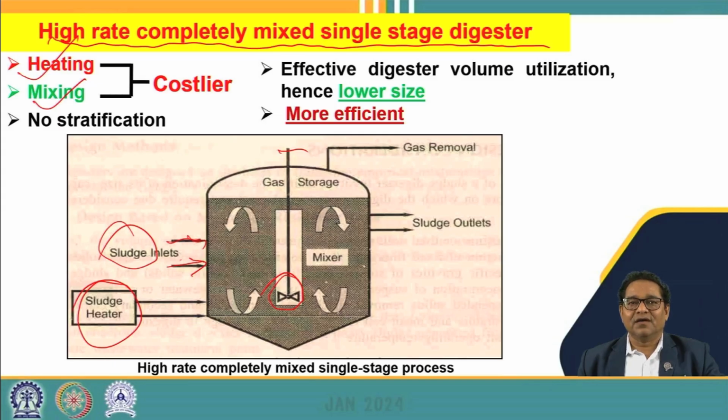Also, because complete mixing is taking place, there is no stratification of layers. There is a uniform mixing of the sludge, making the process more efficient. So this is the concept behind the high rate completely mixed type of digesters.